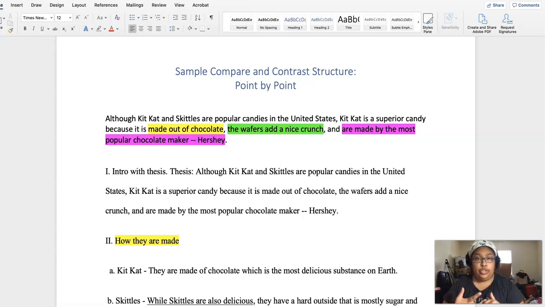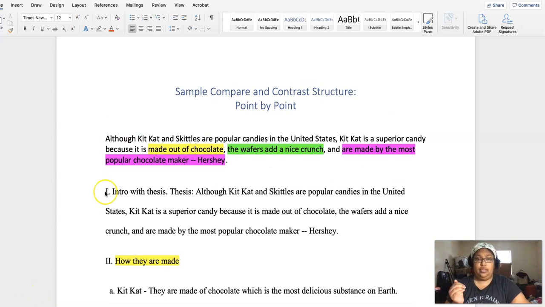The combo structure is the type I would only suggest if you're going to do a longer piece, above 5 pages, because it gives you more room and flexibility. If it's something shorter than 5 pages, which is usually what you do in this class, you want to do either the point by point or the one side at a time structure.